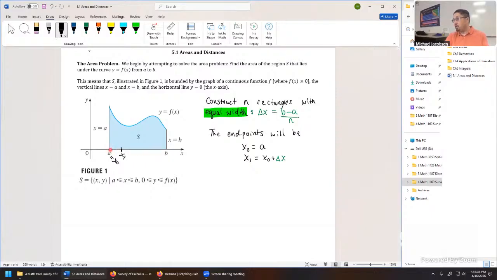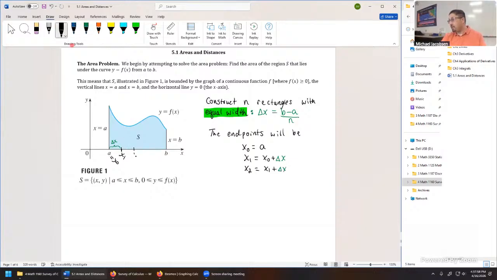Let's call this x1. So the width is delta x, and then because it has an equal width on every one of these rectangles, we just keep on adding a delta x to get all the other endpoints. So the next one is x2, the prior endpoint x1 plus delta x.